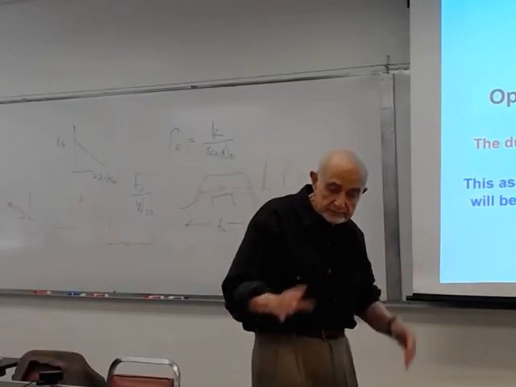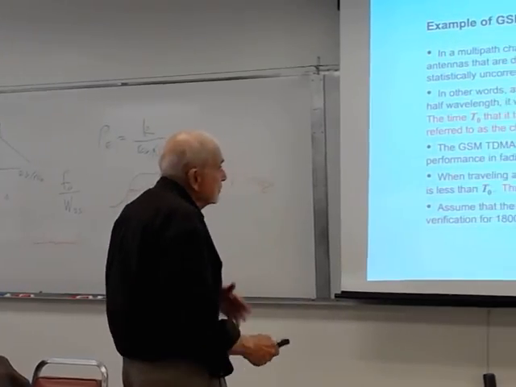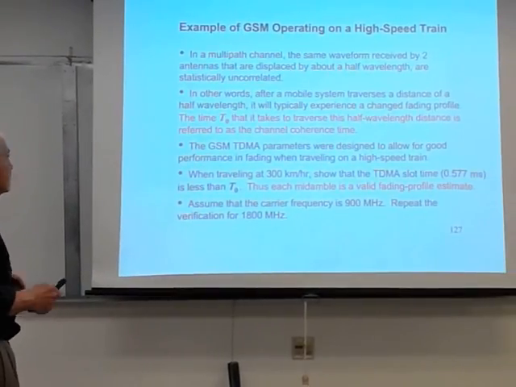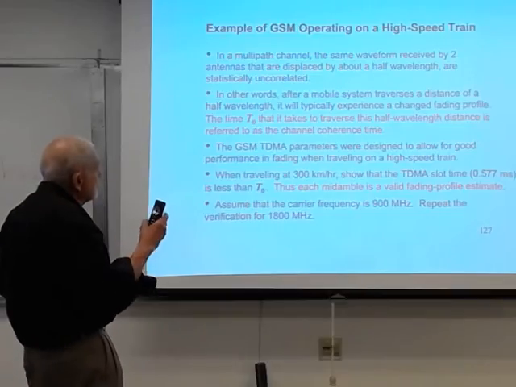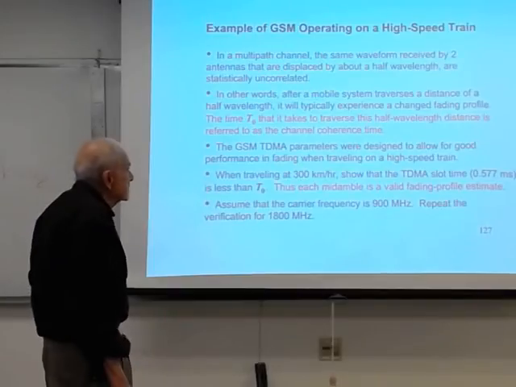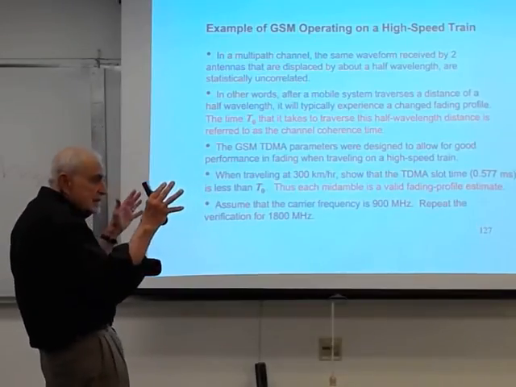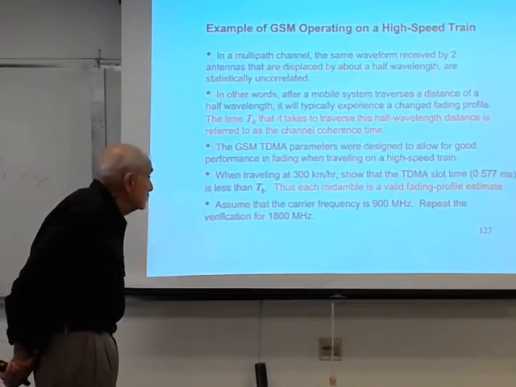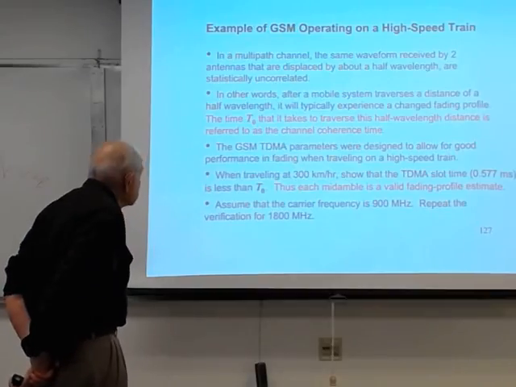So, in a multipath channel, the same waveform received at locations that are displaced by about half the wavelength is statistically uncorrelated. In other words, after a mobile system traverses a distance of half a wavelength, it will typically experience a changed fading profile. The time that it takes a moving system to traverse a half wavelength is going to be that coherence time, T sub 0.